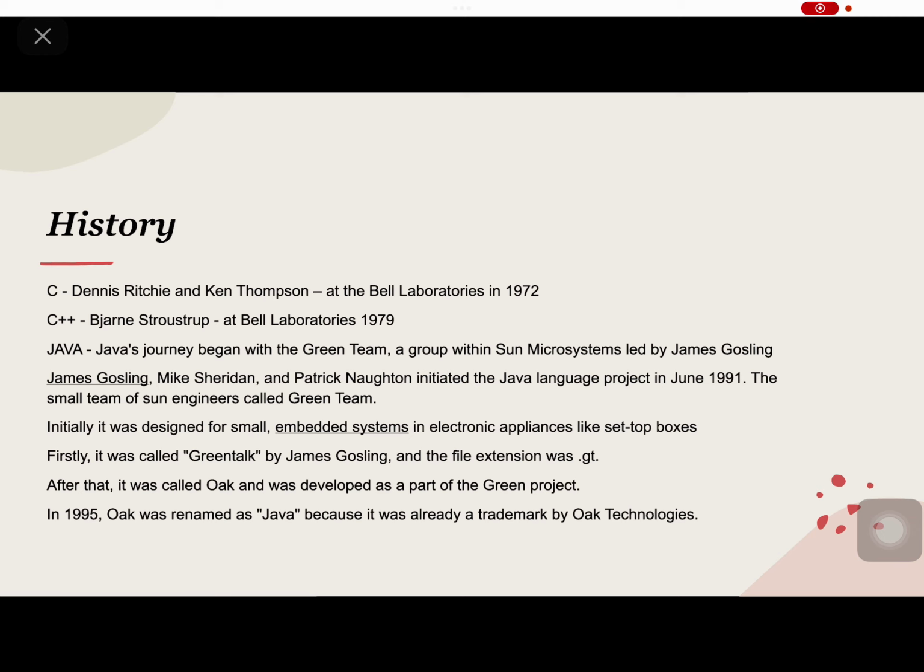There were many names suggested, but the one name that became popular was Oak. Oak symbolizes strength, and it is the national tree of the USA, Romania, and other countries. As there was a trademark by Oak Technologies, Oak was renamed to Java in the year 1995.